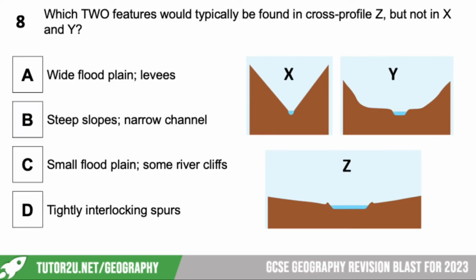Which two features would typically be found in cross profile Z, but not in X and Y? So wide floodplain and levees, steep slopes and a narrow channel, small floodplain and some river cliffs, or tightly interlocking spurs? Let's reveal the answer. It is the wide floodplain and the levees.